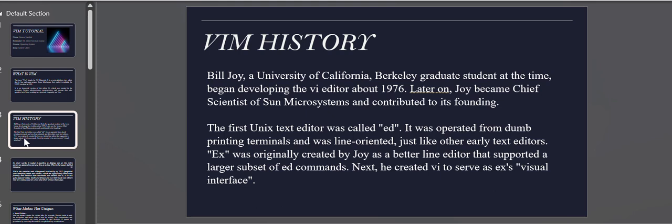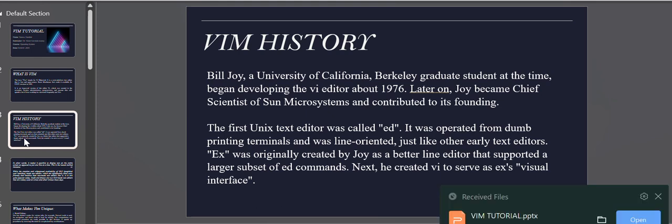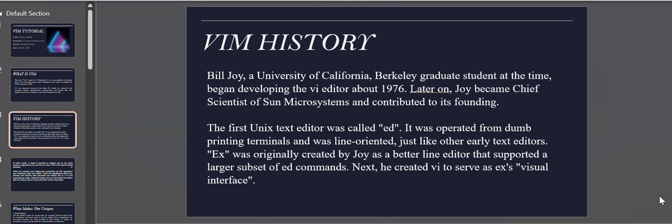The first Unix text editor was called ed. It was operated from dumb printing terminals and was line oriented, just like other early text editors. ex was originally created by Joy as a better line editor that supported a larger subset of ed commands.